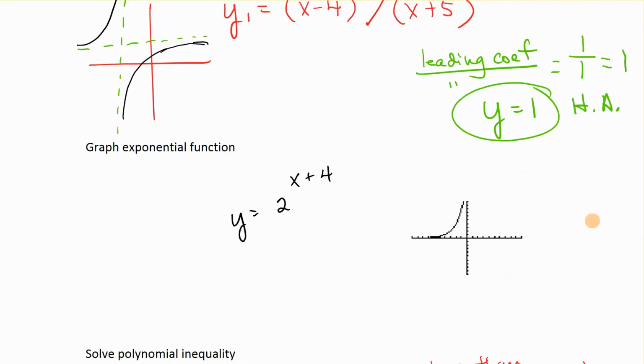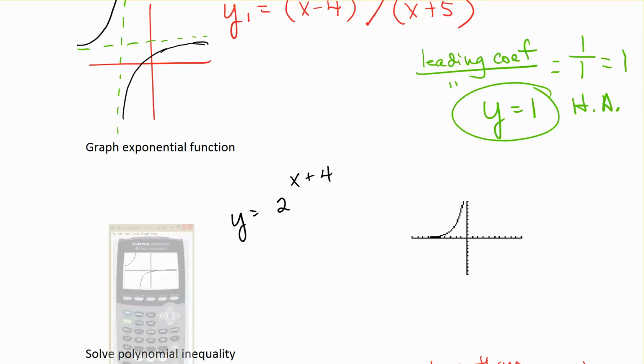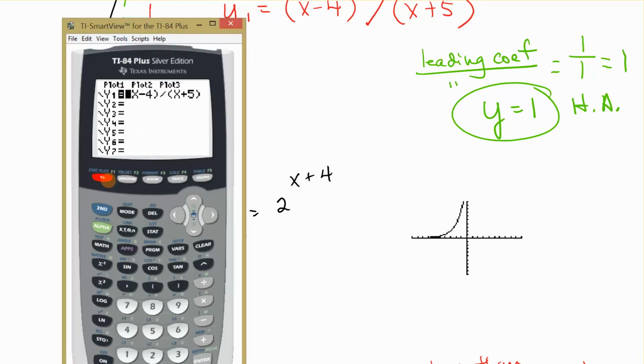Now, if you had to graph an exponential function, just understand that when you go in, you want to say 2 raised to the x plus 4, so you hit your caret key. If you have an older calculator, like a TI-83, then you have to be sure and do something else, and I'll show you in a minute.